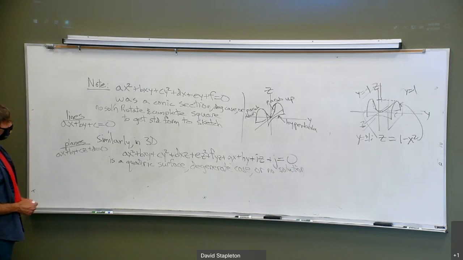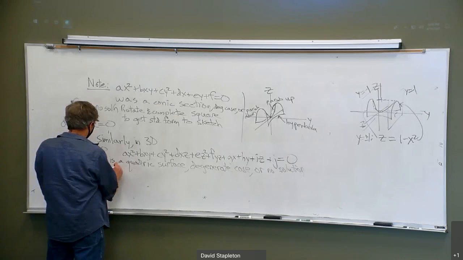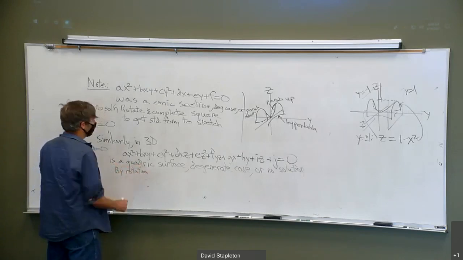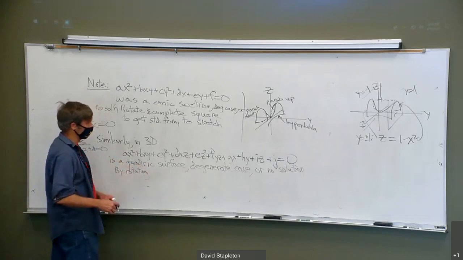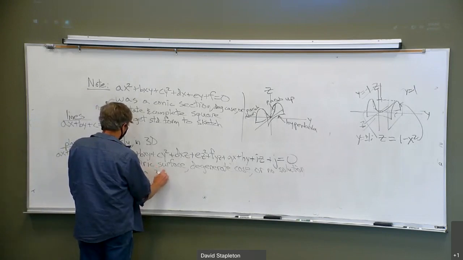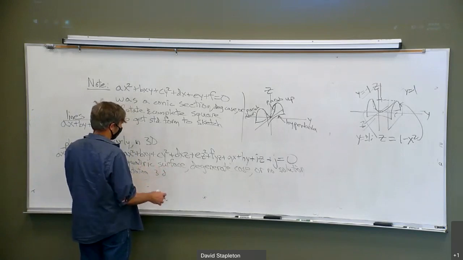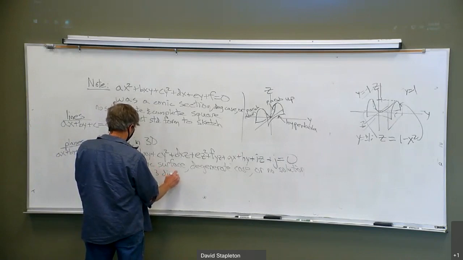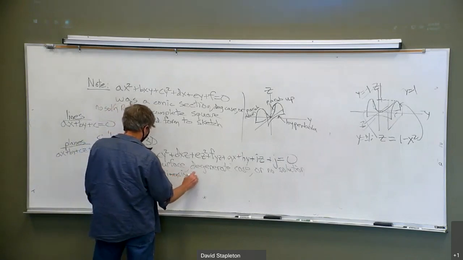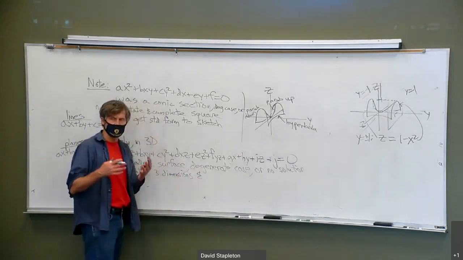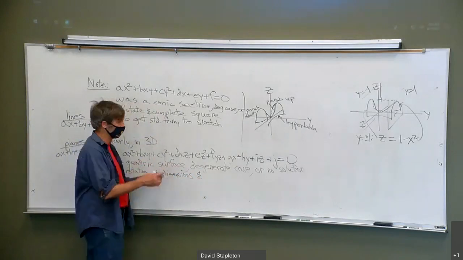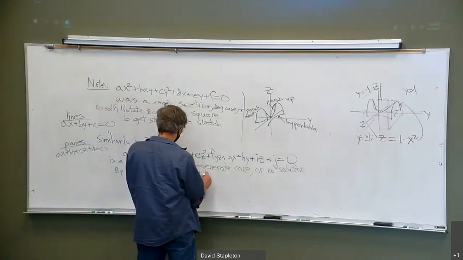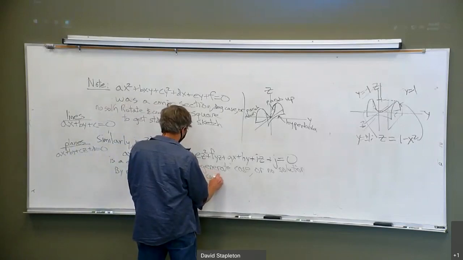Once again, in order to observe it, you rotate it and translate it, by rotating and completing the square to translate it. This time, though, you have to rotate in 3 different directions: the xz plane, the yz plane, and the xy plane. So rotating in 3 dimensions and completing squares, we can sketch it because we'll get one of the standard equations or the degenerate case of no solution.